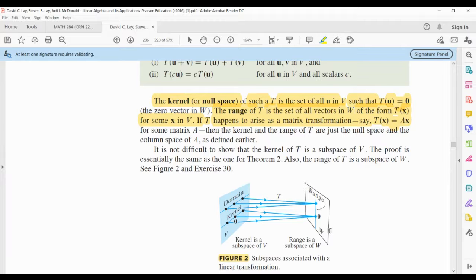Well, I want to be careful. No, let me go back on that. In the vector space V on the left, the domain is larger than the kernel, or at least as large, let's put it that way.